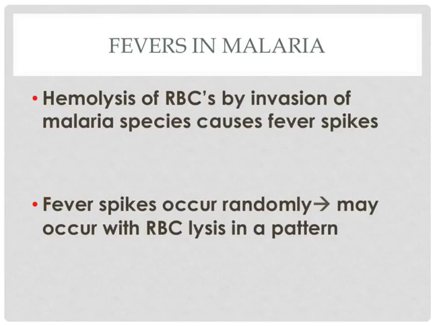Something about fevers in malaria: the hemolysis of the red blood cells by these malaria species causes the fever spikes. So the fever spikes occur when there is lysis of the RBCs in a pattern. If it happens every 3 days, it's a particular species. If every 4 days, it's another particular species.